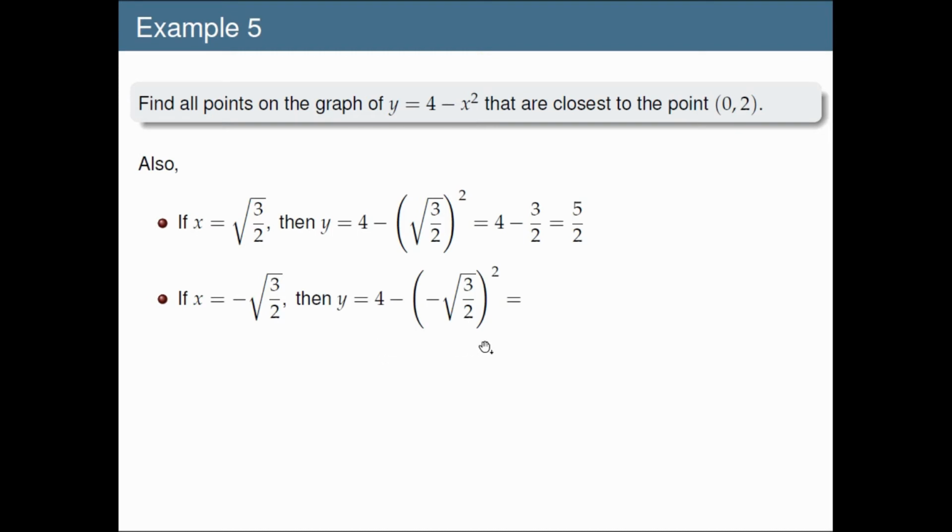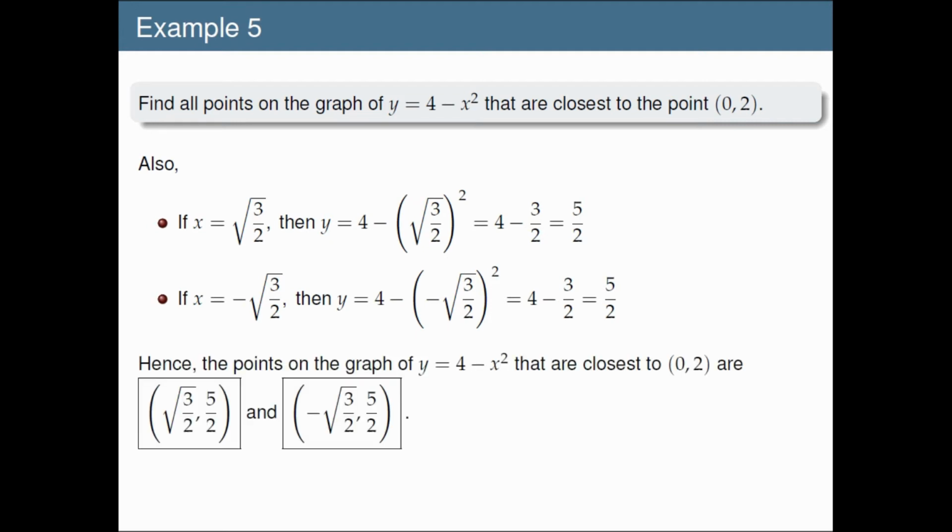This is also equal to 4 minus 3 halves, or 5 halves. So the points on the graph of y equals 4 minus x squared that are closest to the point (0, 2) are this point and this point.